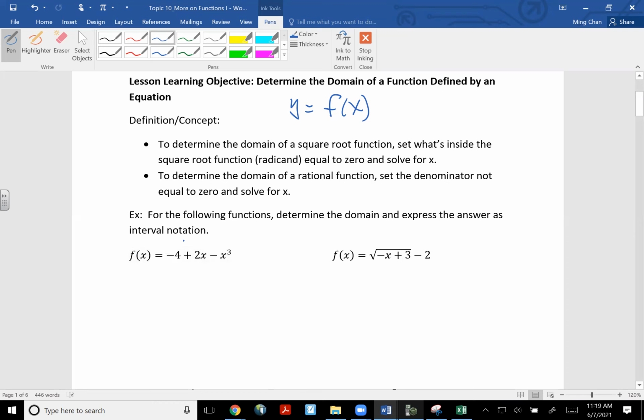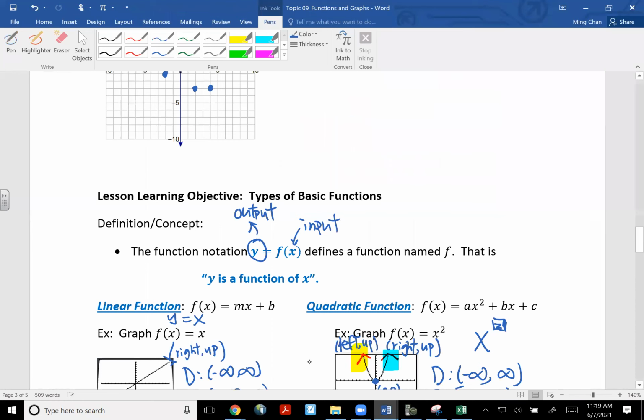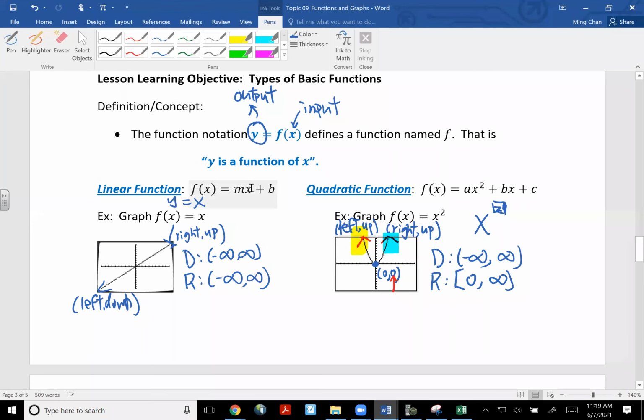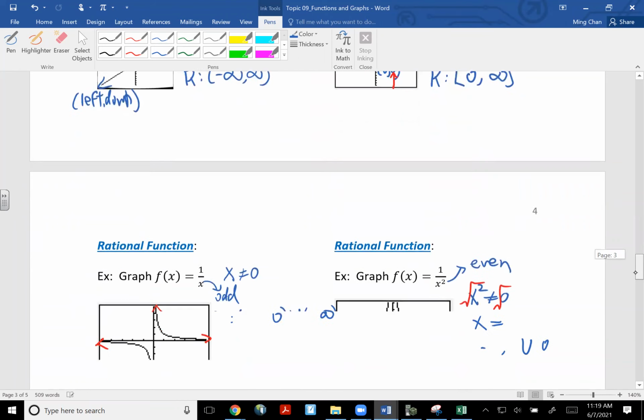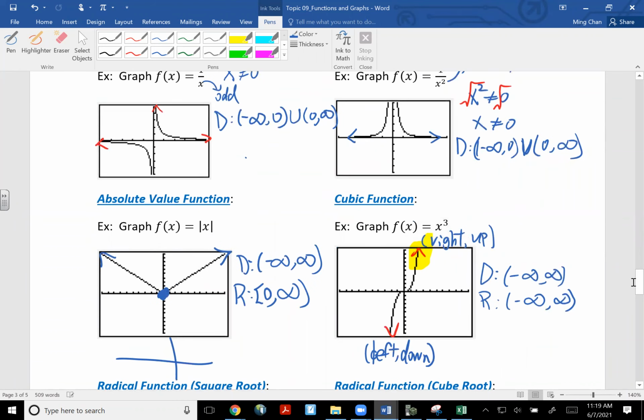Look at this function and think back on all the graphs we drew from topic number 9. Does this function look like a linear function? A quadratic function? A rational function? Absolute value? A cubic function?